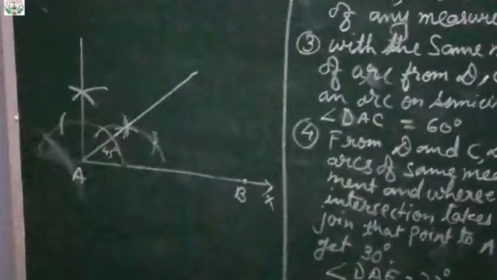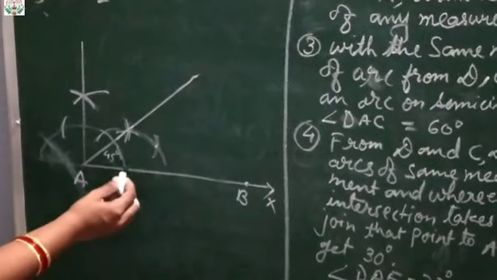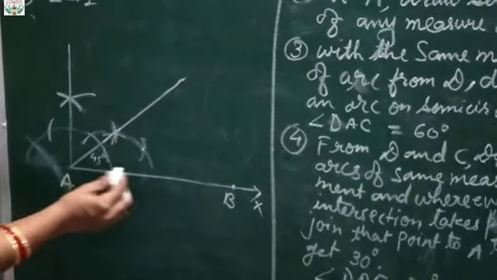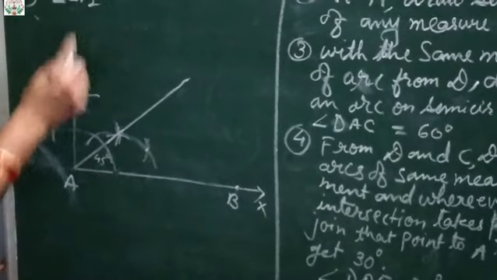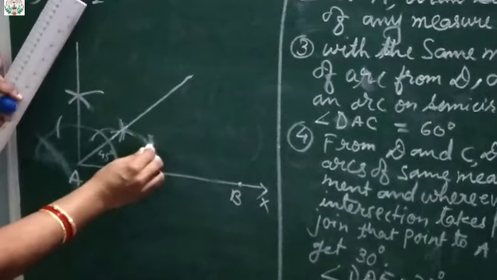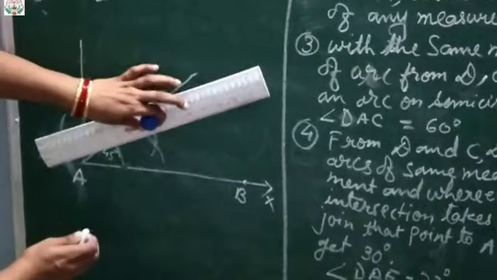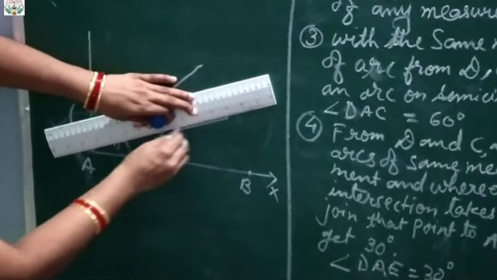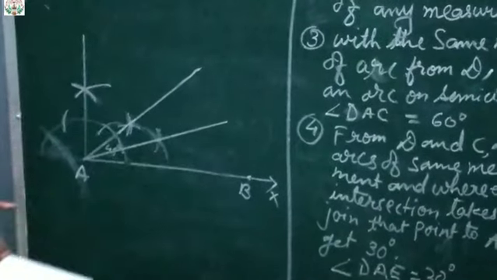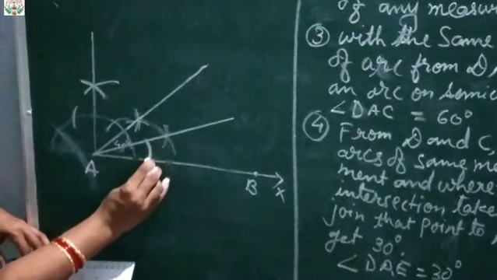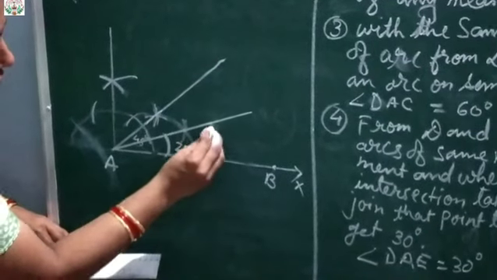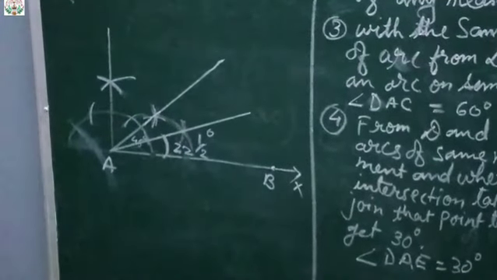Okay, likewise. So now we got the bisector of angle, bisector of 45 degree is what? 22 and a half. So now we got this intersection point. Now join this one to A. Okay, join like this. Okay, so this angle is what ours? 22 and 1/2 degree. Clear?